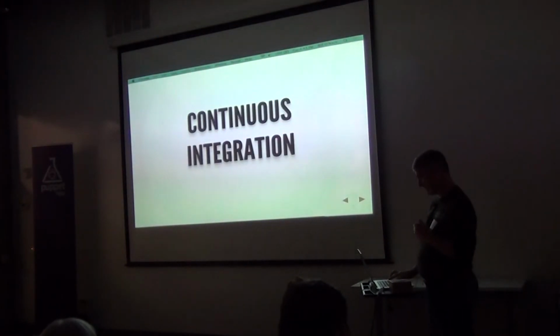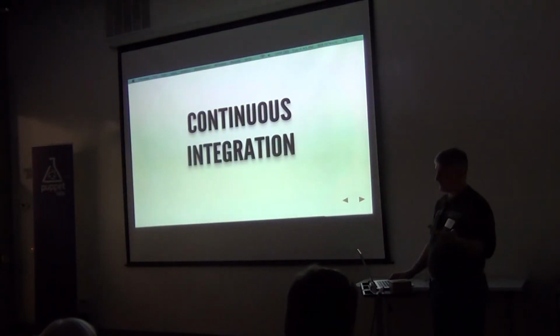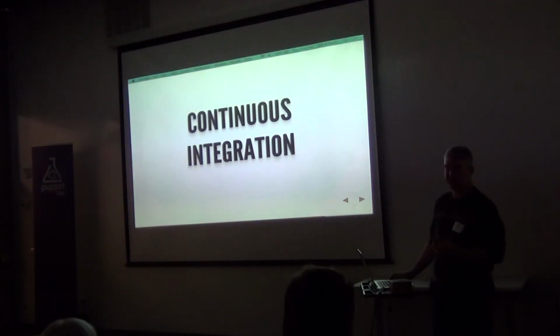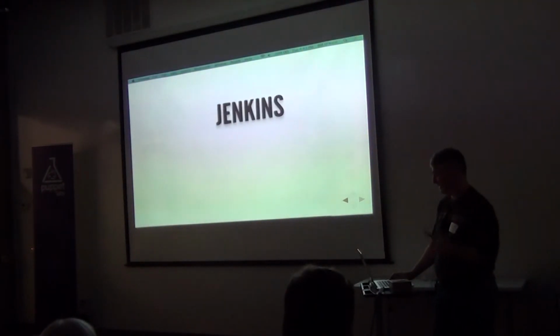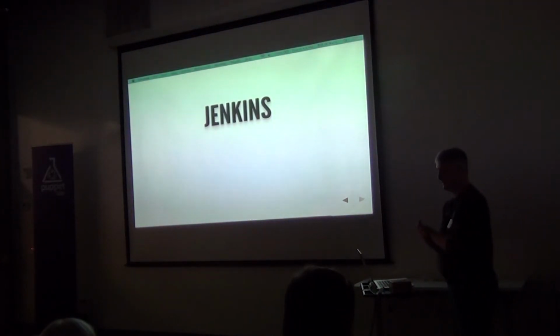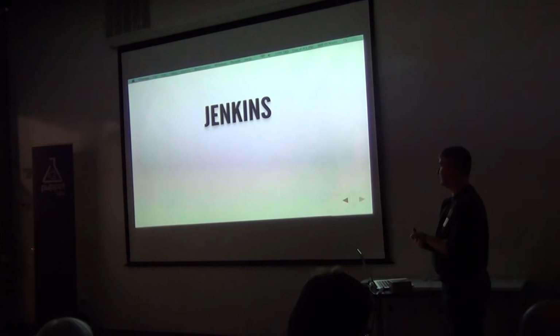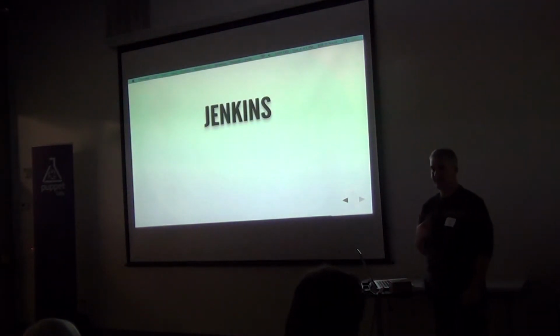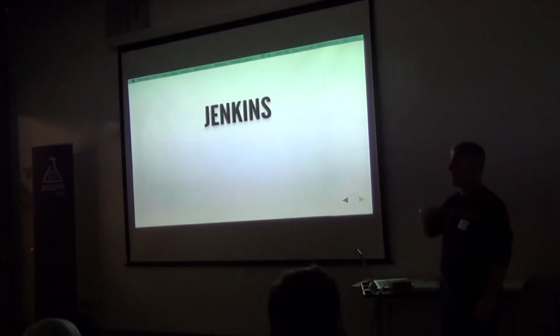Okay, so at this point, when you have your code in a source control tool, continuous integration is pretty easy. We use Jenkins. If you haven't used Jenkins before, it's really easy to set up. There are a lot of other tools besides Jenkins, but pretty much the idea is that anytime something changes in source code, you want to do another build against it.